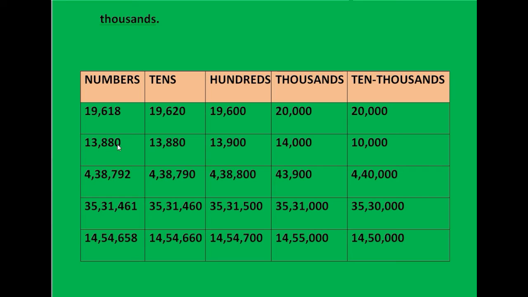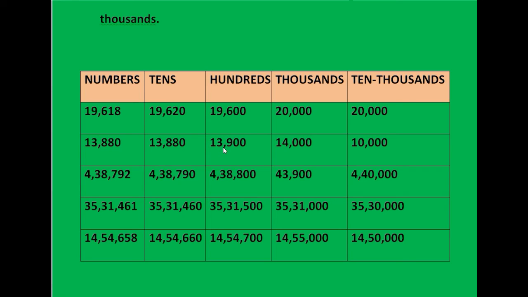Therefore we should not add 1 to this digit. We leave this digit as it is, that is 8, and to the right of it we write 0. So this number rounded off to tens is as it is, 13,880.